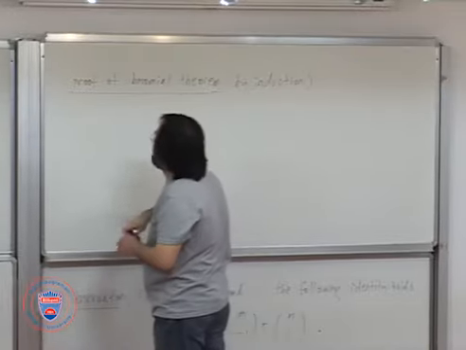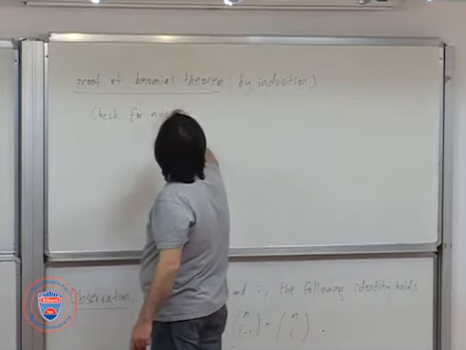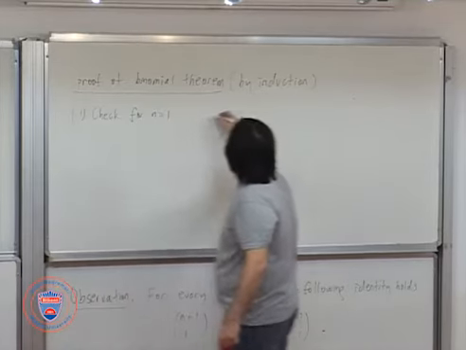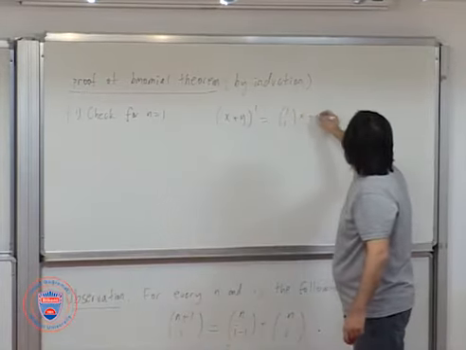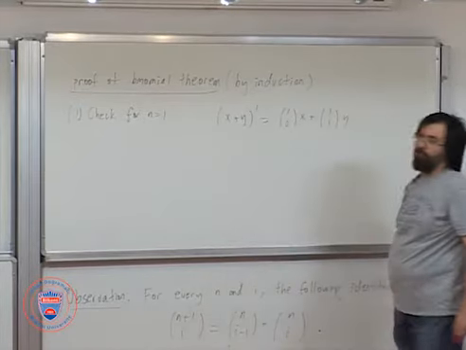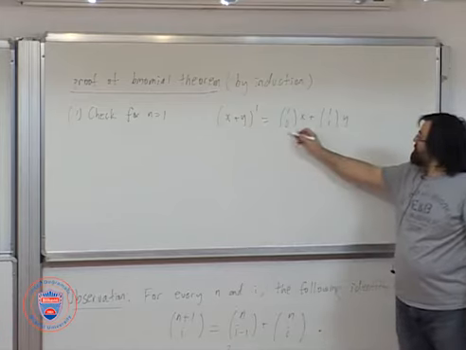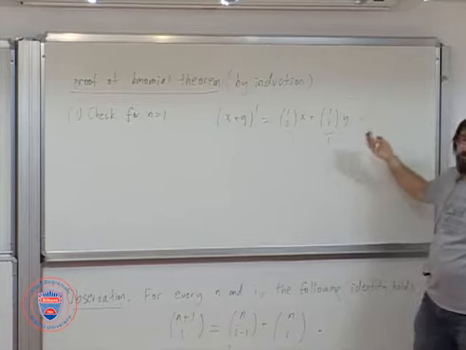Let's start with 1. So check for n equals 1. For n equals 1, we're looking at this. If this is true, 1 choose 0 is 1, 1 choose 1 is 1. So this is true. They're both 1.